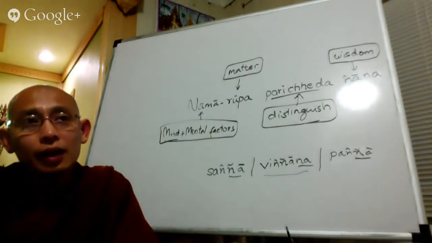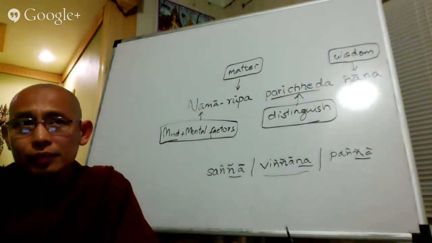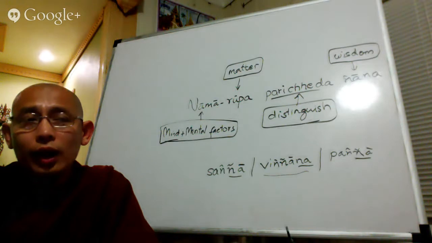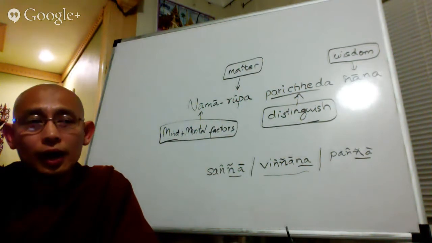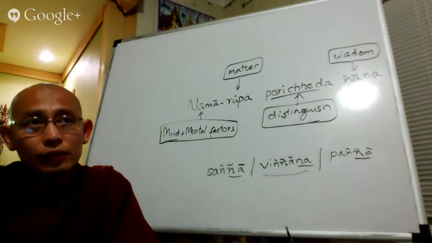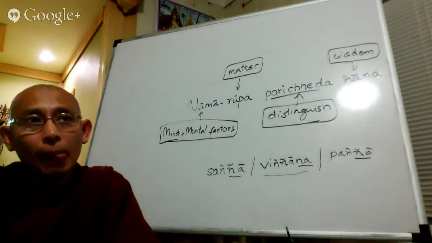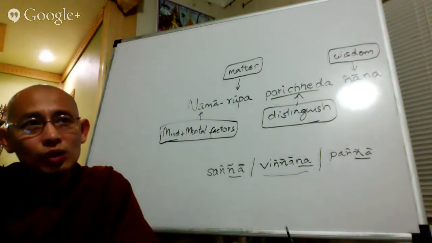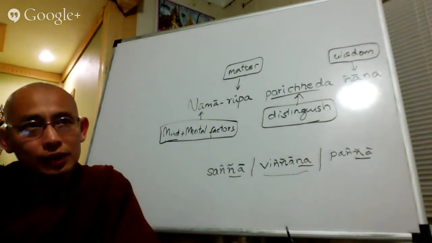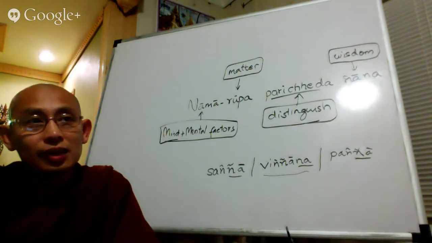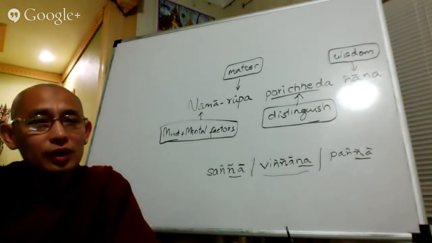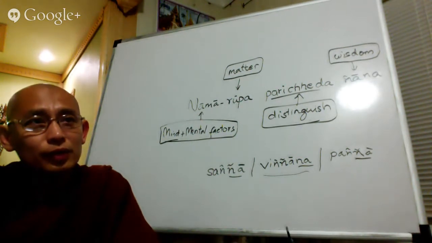And then another type, 12 types of Arupavachara, formless sphere consciousness, also always with wisdom. Because the jhana level is much higher than the sense sphere.